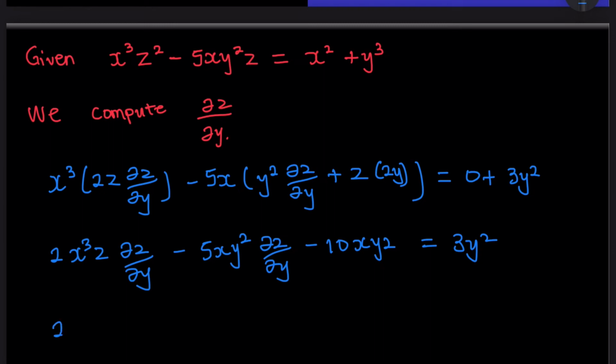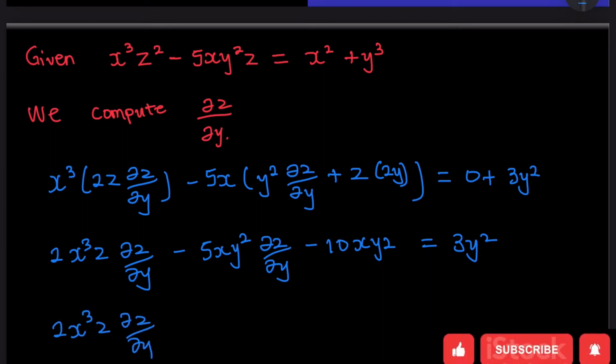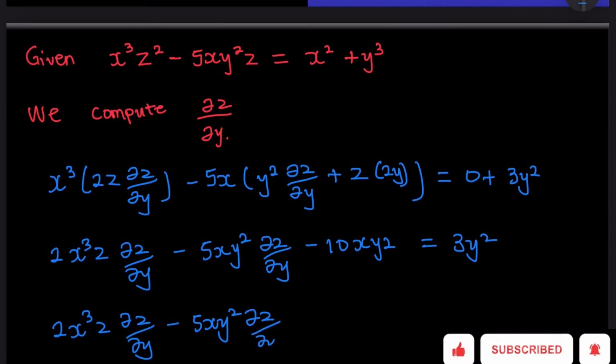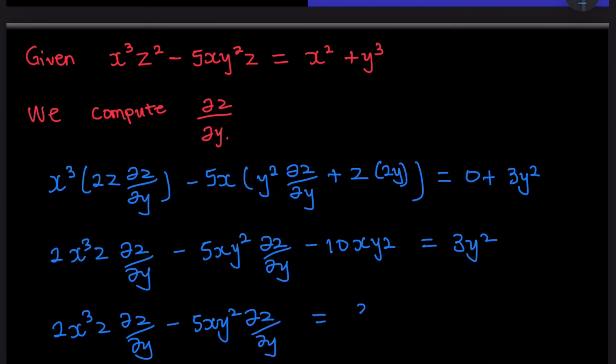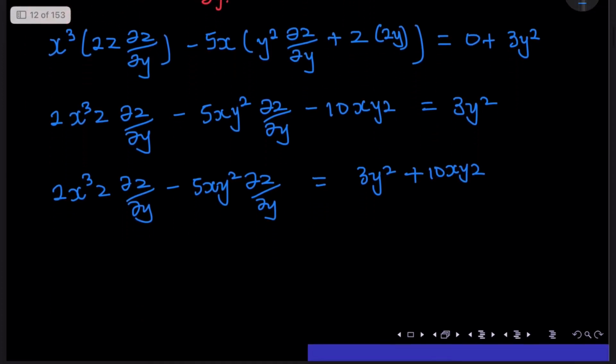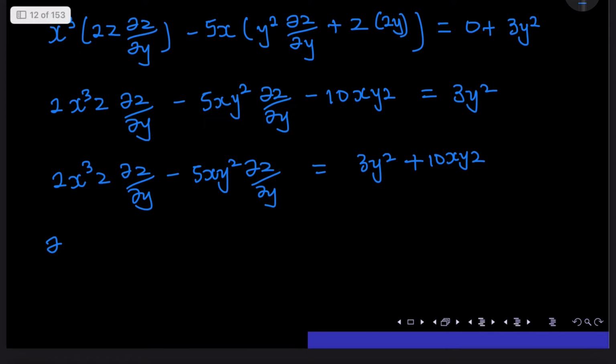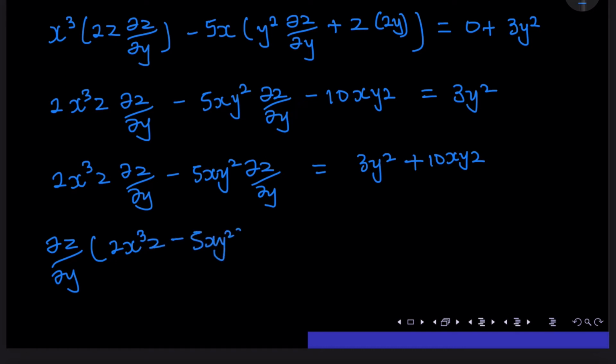So we are going to have 2x cubed z ∂z/∂y minus 5xy squared ∂z/∂y is equal to 3y squared plus 10xyz.